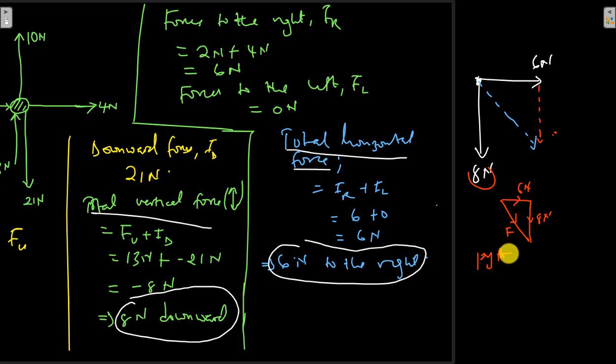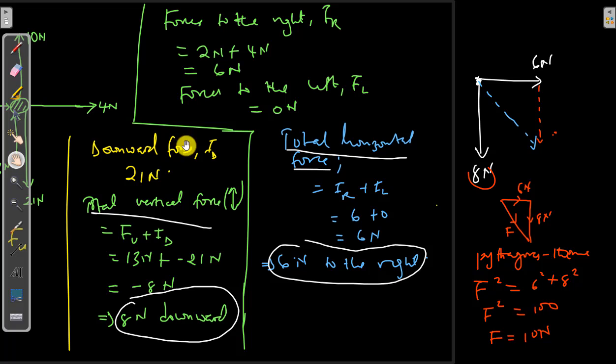So still applying Pythagoras' theorem, F squared is going to be 6 squared plus 8 squared. So F squared equals 100, and F is 10 newtons. The resultant force is 10 newtons.